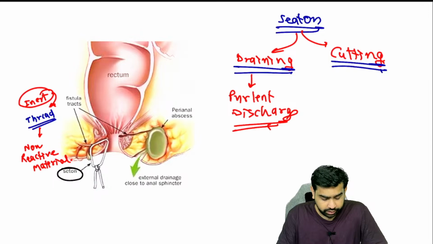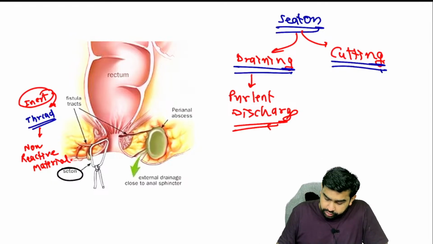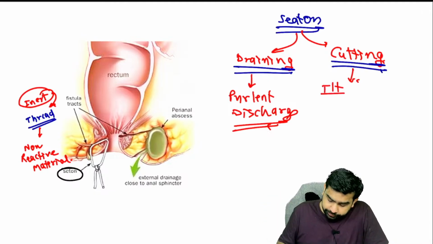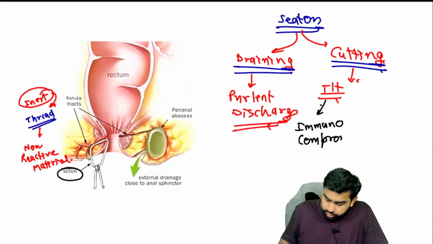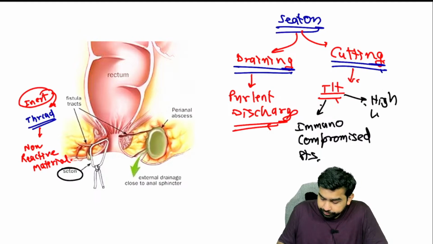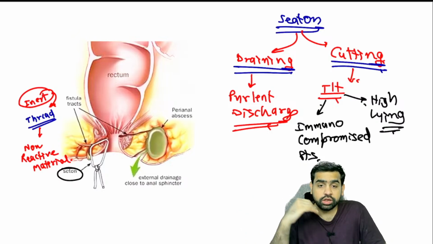The cutting seton is basically used for the treatment if you are dealing with immunocompromised patients, or let's say you are dealing with high-lying fistulas. If they mention that there is a high-lying fistula or an immunocompromised patient, what is the treatment?